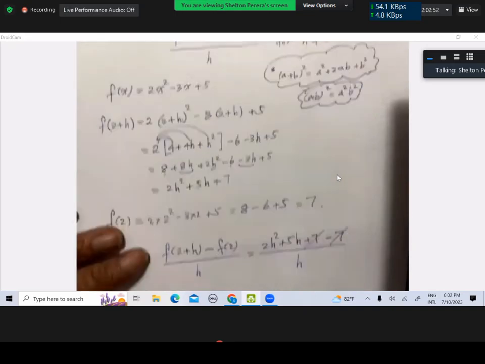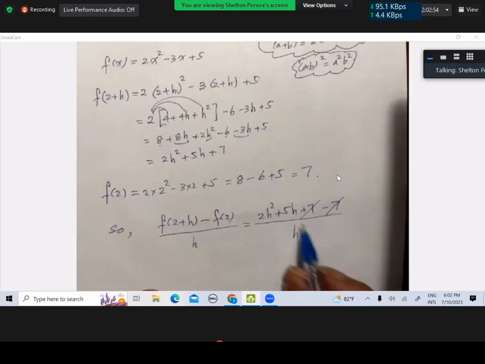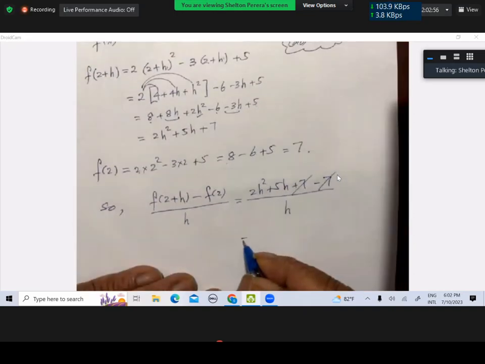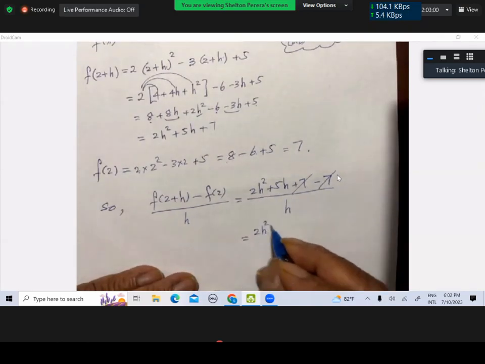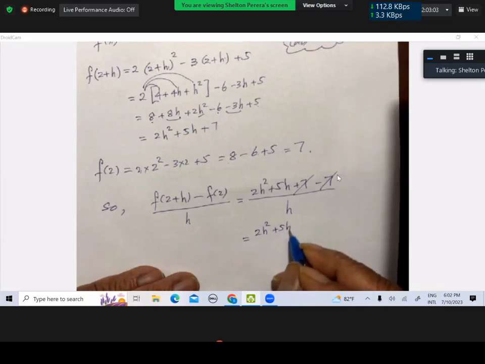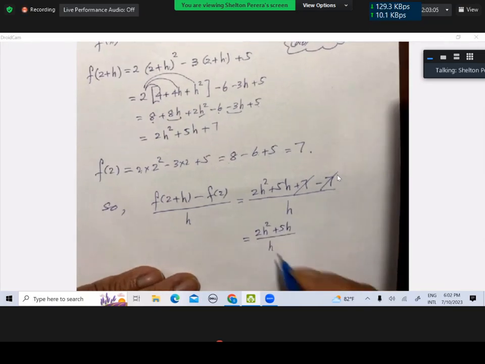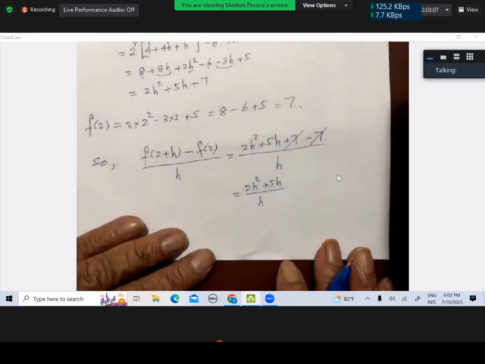Plus 7 minus 7 cancels. You can factor what is left: 2h squared plus 5h over h. You can skip this step. Simplify.